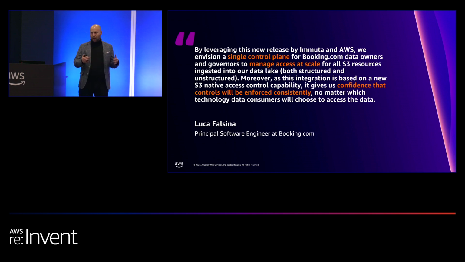You're able to write a single data access policy in Immuta, and we push that out to S3 Access Grants. And then at data access time, you call the get data access endpoint that Huey mentioned a few slides back, and that's just an AWS to AWS call. There's no Immuta sitting in front of S3 there.